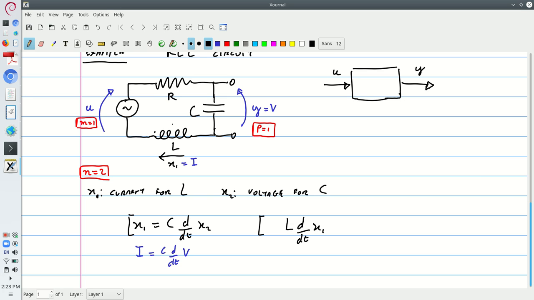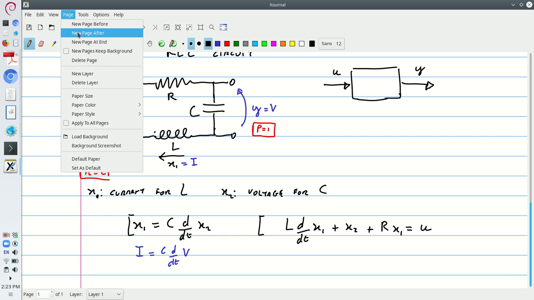So this is the voltage on the inductor. If we add to the voltage on the inductor also the voltage that is on the capacitor, that is x2, and if we also add the voltage that is on the resistor, that is given by Rx1, we know that this needs to be equal to the voltage that is applied by the voltage generator. So we have the second state equation.